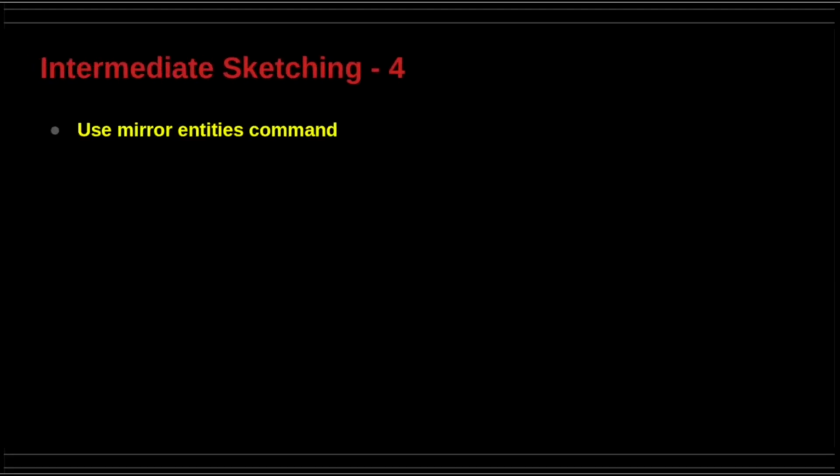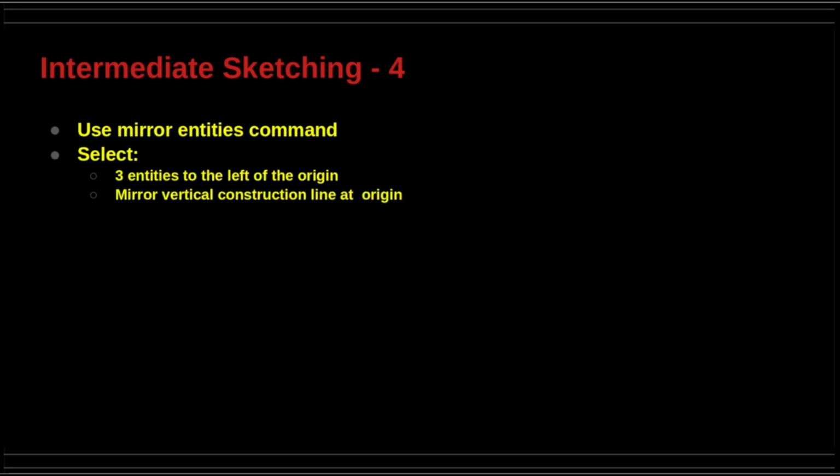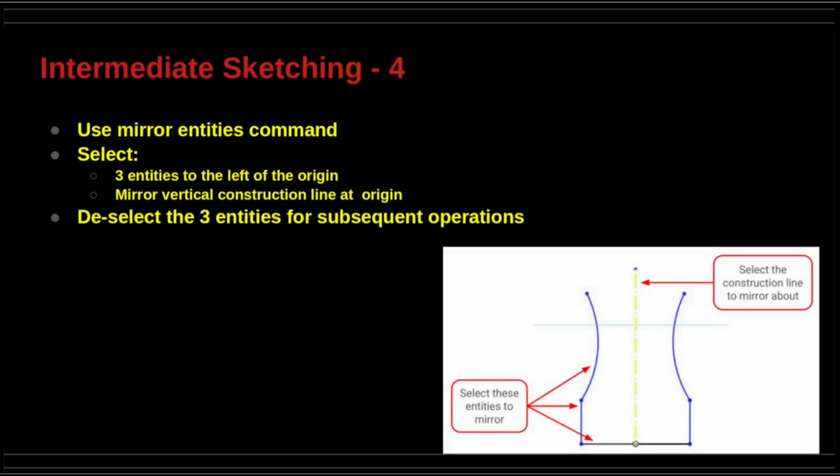Use the mirror entities command. First, select the vertical construction line as the mirror line. Then select three entities to the left of the origin. Deselect the three entities for subsequent operations.